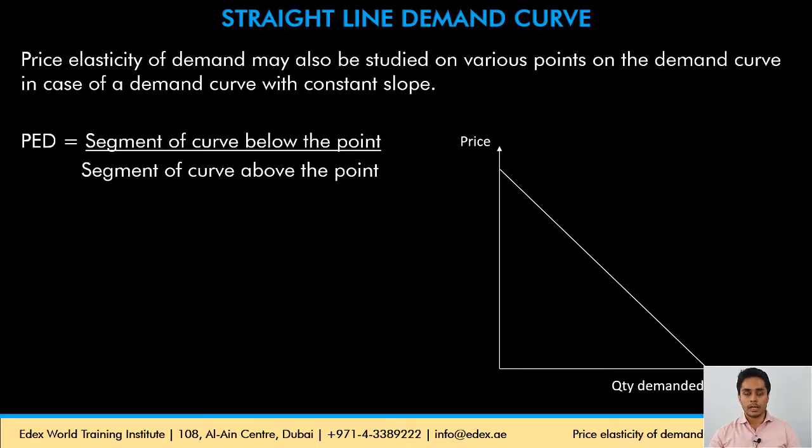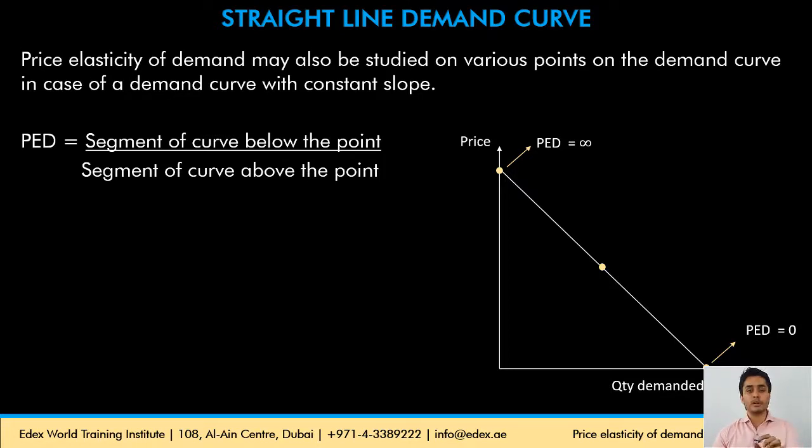The elasticities would be demonstrated at different points. The first point is where the demand curve is meeting the y-axis. At this point, the elasticity would be infinite. In other words, a perfectly elastic demand curve. Then at the other extreme end, where the demand curve is meeting the x-axis, the elasticity would be 0, which is a perfectly inelastic demand curve.